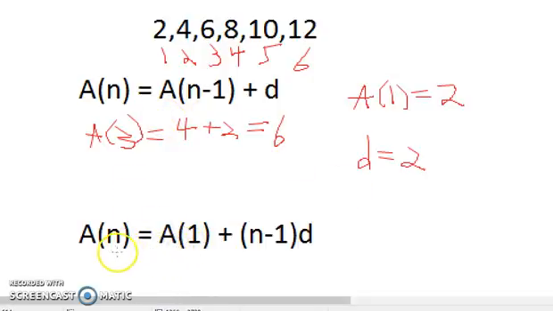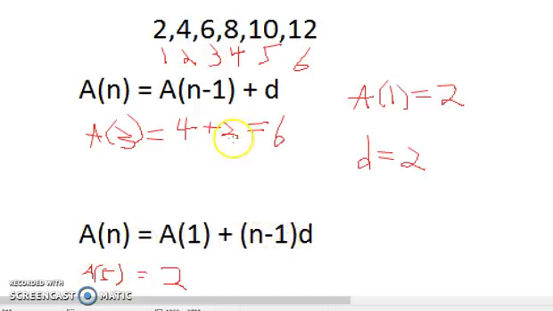Similar case with this, let's say we want to find the fifth term. We know that's going to be 10. So if this is A5, which is going to be 10, we take the initial amount, which was 2, and then this is going to be 4, because 5 minus 1 is 4.